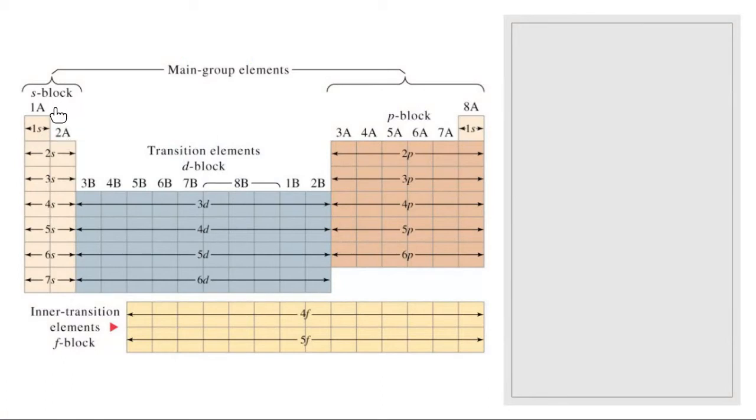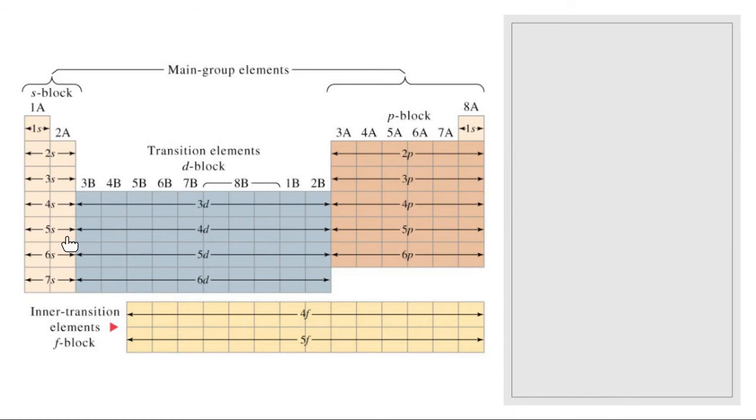The last shell is very important to find where the element is on the periodic table.